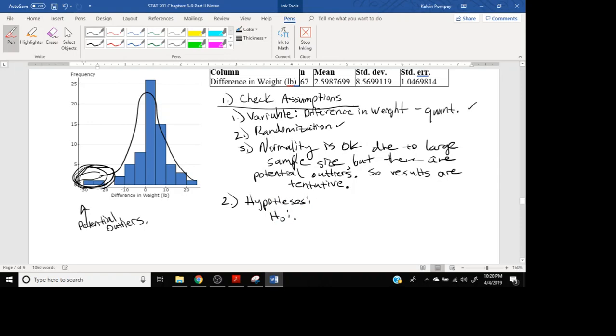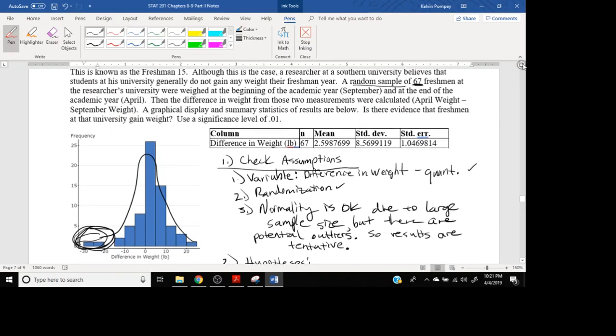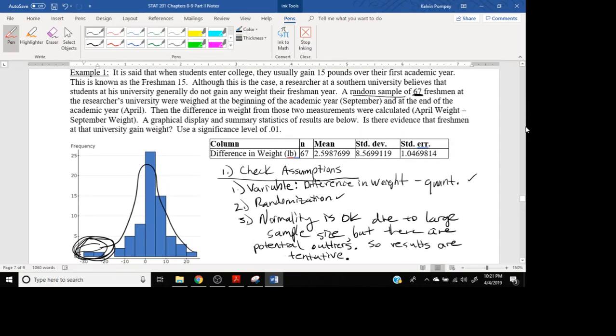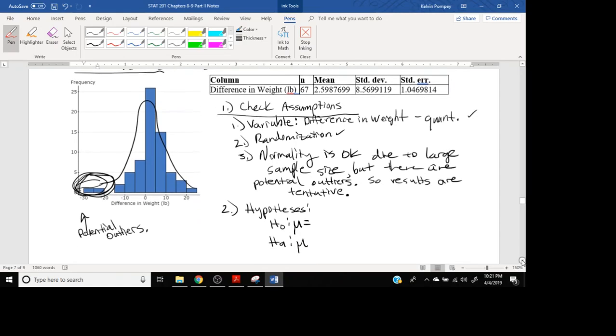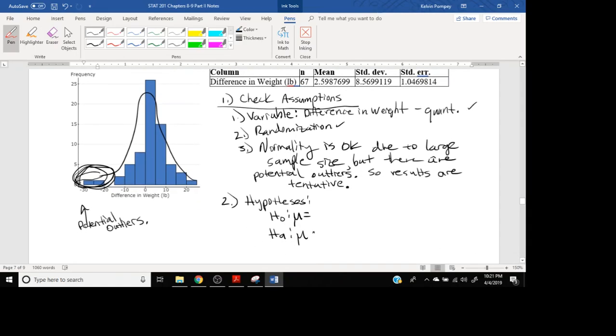Our null hypothesis is that mu equals something. Our alternative hypothesis is that mu is going to be greater than, less than, or not equal to something, right? So what we want to do is see, is there evidence that the freshmen at that university gain weight? Well, gain weight means that the difference is going to be positive, right? And so my alternative hypothesis is going to be mu greater than 0.